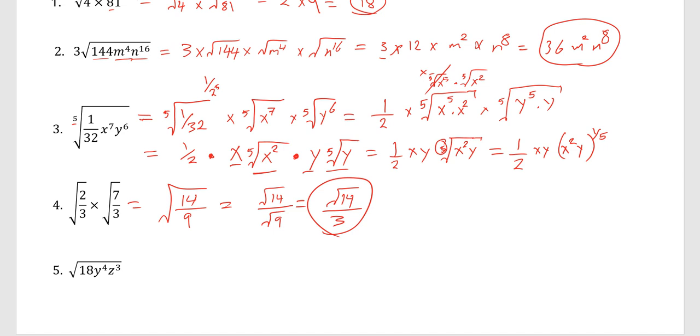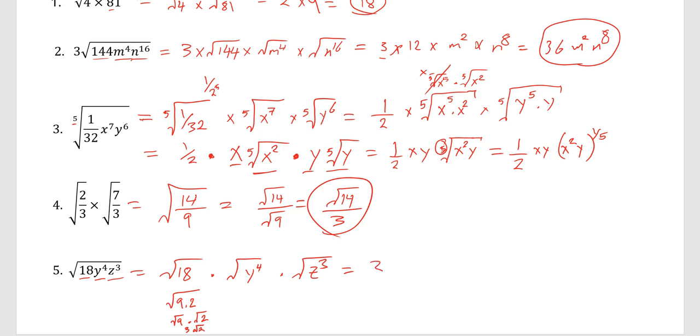Okay. Last exercise, we have square root of 18 y to the 4th z cubed, which is the same as the square root of 18 times the square root of y to the 4th times the square root of z cubed, which is equal to, so the square root of 18 is the same as the square root of 9 times 2, which is the square root of 9 times the square root of 2, which is 3 square root of 2.